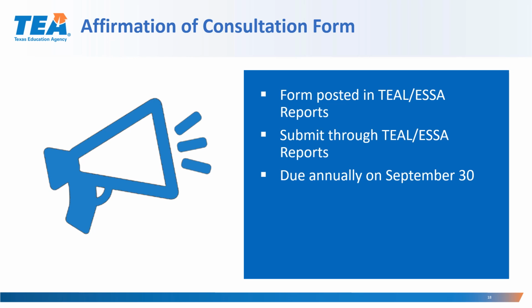The affirmation forms are due annually on September 30th through ESSA reports. If a private school opts not to participate in equitable services, the LEA keeps documentation on file. In this case, an affirmation of consultation form should not be submitted to the TEA.